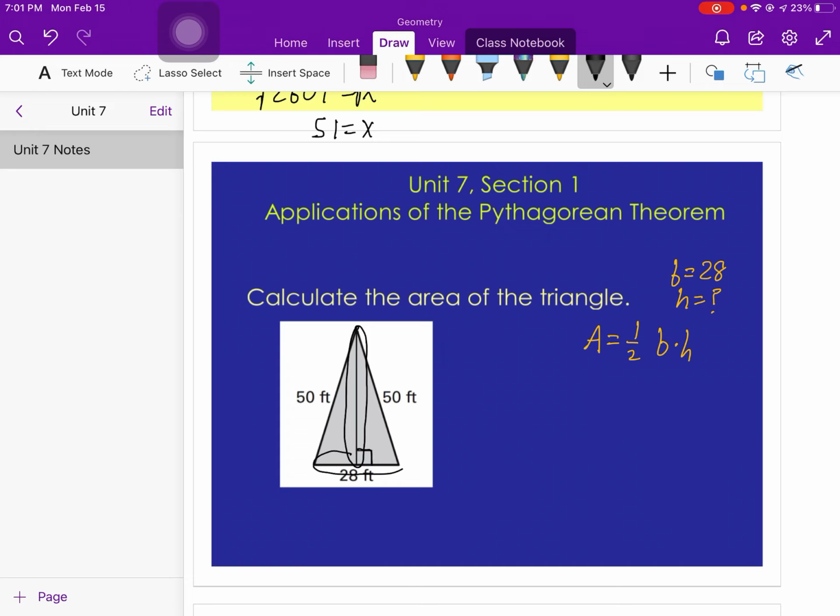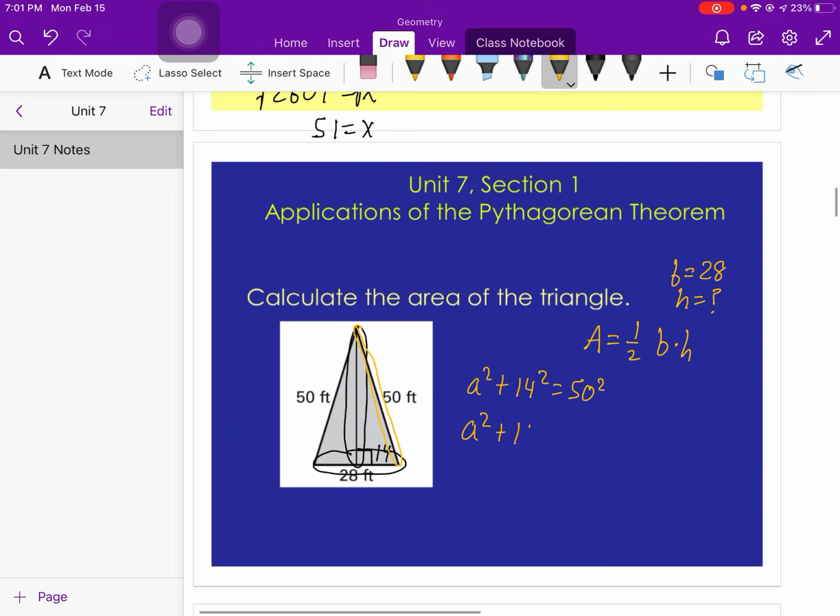Since 28 is this whole distance here, we can recognize that this bottom piece is just going to be 14. And then we also have the longest side of our right triangle, which is 50. So we can set up the Pythagorean theorem as a squared plus 14 squared equals 50 squared. This time we have to recognize that we already have the c value and we're solving for the height, which we're going to say is a.